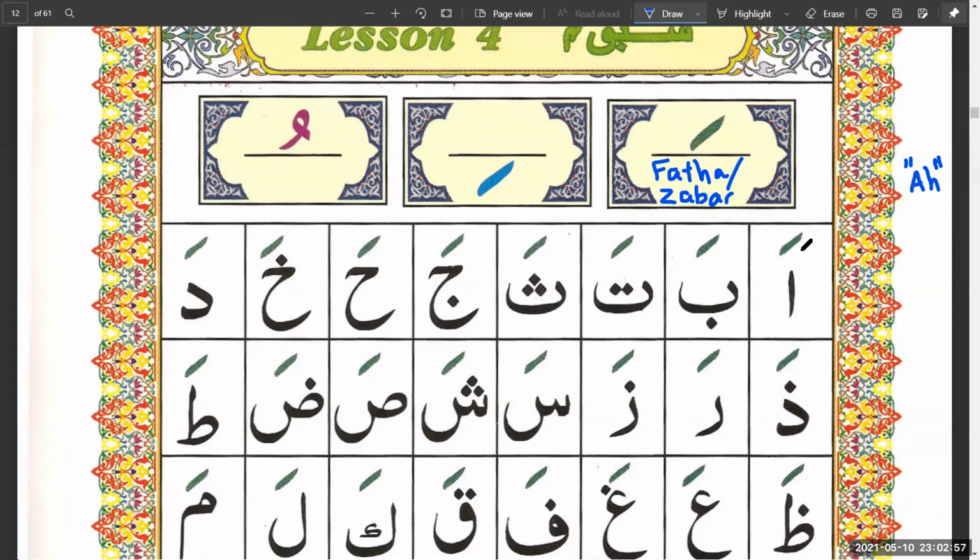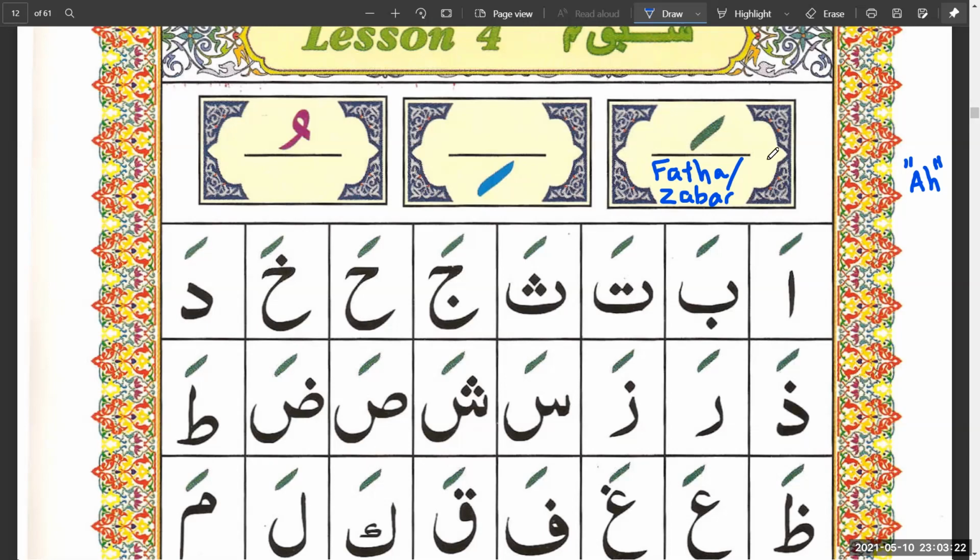This line is called a fatha, and another name for it is a zabar. In this series of videos, we will be using the name fatha. This fatha symbol tells us that the letter will get the "a" sound. So fatha makes the "a" sound.